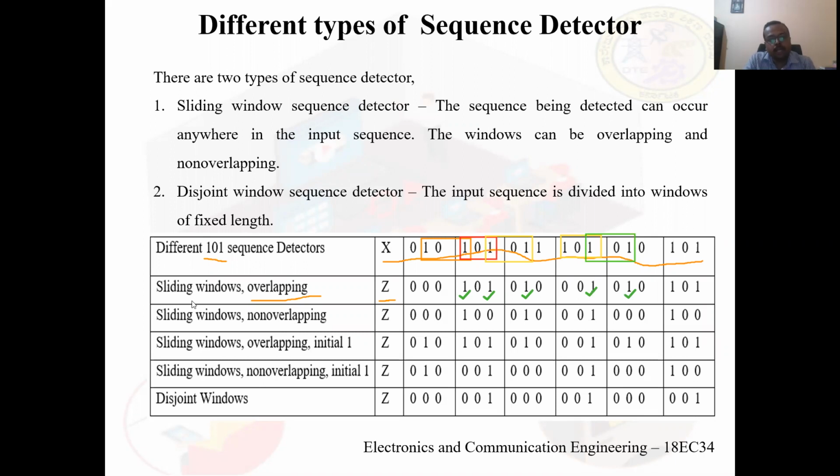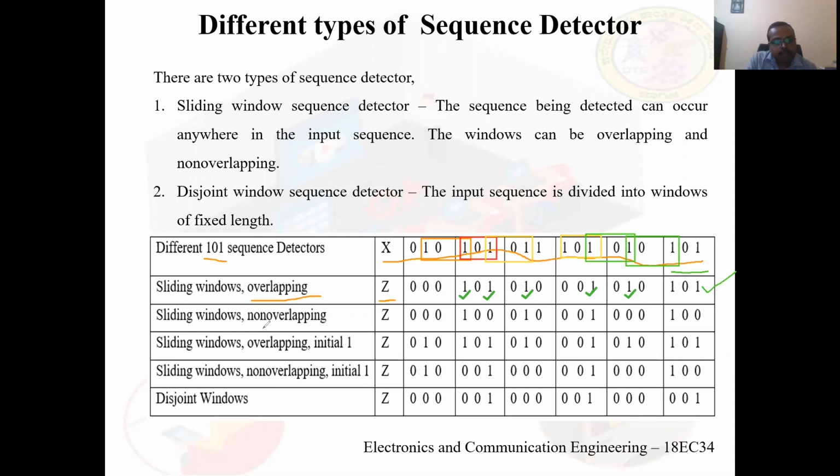This you call an overlapping sliding windows sequence detector, right? Hope everyone understood this one. Similarly we have 1 0 1, and again here 1 0 1.